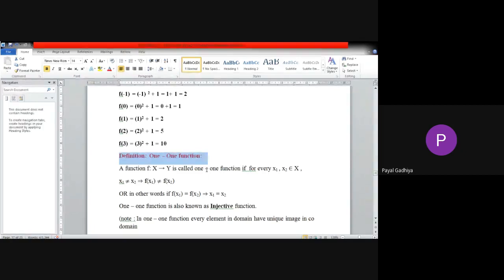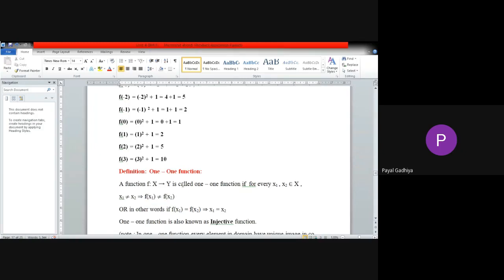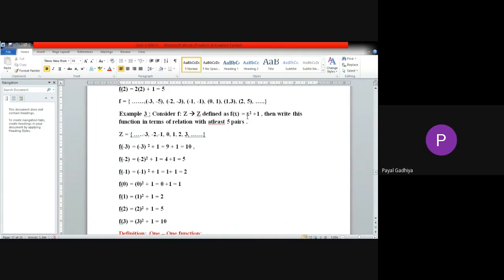Where if a function is one-one, then for every x, there will be a unique f of x. Now, function f from X to Y is called one-one if for every x1, x2 belonging to X, this is the condition to check: if x1 and x2 are not the same, then f of x1 and f of x2 should also not be the same. Here, what was happening? x1 and x2 were different, like 2 and minus 2 are different numbers, but f of x1 and f of x2 were the same, which is 5.